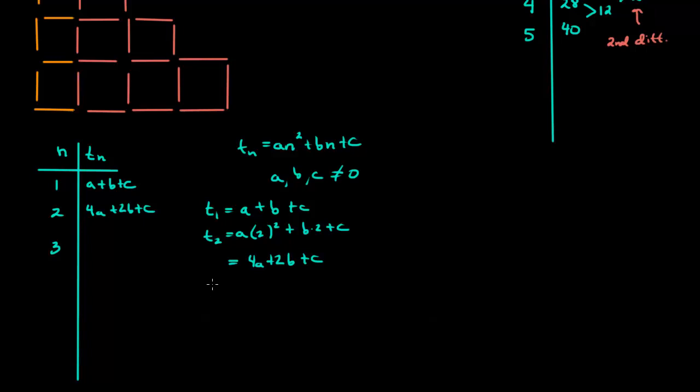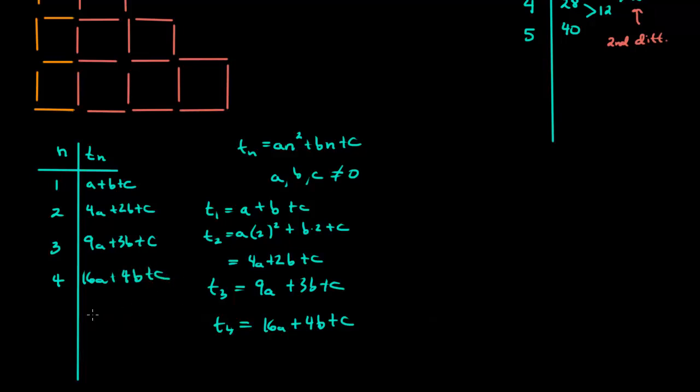The third term, t sub 3, would be equal to 9a. I'll save you guys the arithmetic here. So it's 9a plus 3b plus c. And the fourth term, t sub 4, would be equal to 16a plus 4b plus c.